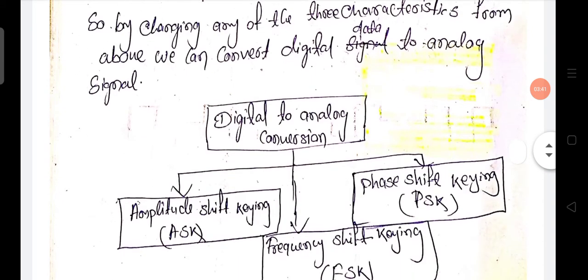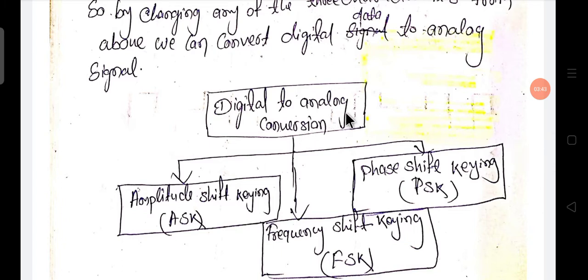This conversion or encoding scheme is of three types. One is amplitude shift keying, the second is frequency shift keying, and the third is phase shift keying, which are ASK, FSK, and PSK.